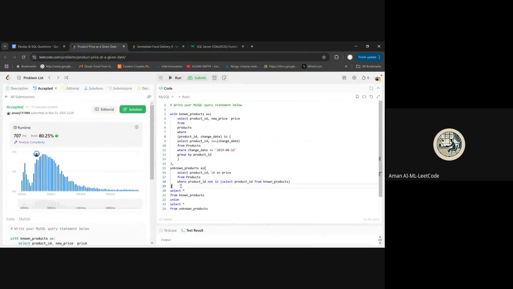Instead of doing this, what we can do is, now that we know these are the known products, let's select from the products that we have, and left join this with the known products.